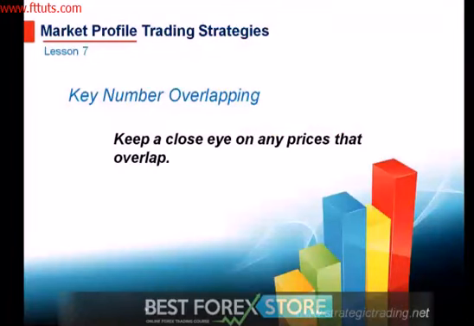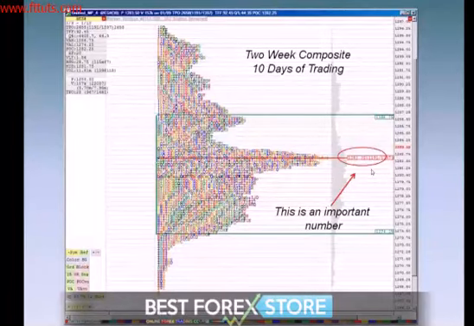And you want to keep a real close eye on any prices that overlap. And you will find that there's one price in particular that really stands out, and that is the POC. Look at this level. The 1282.25 number is going to be a very important number looking forward to trading in the following week.